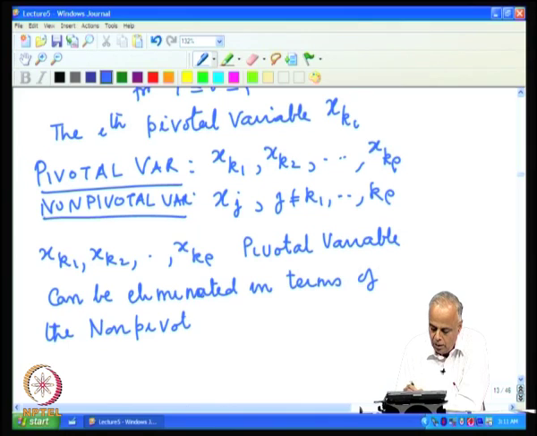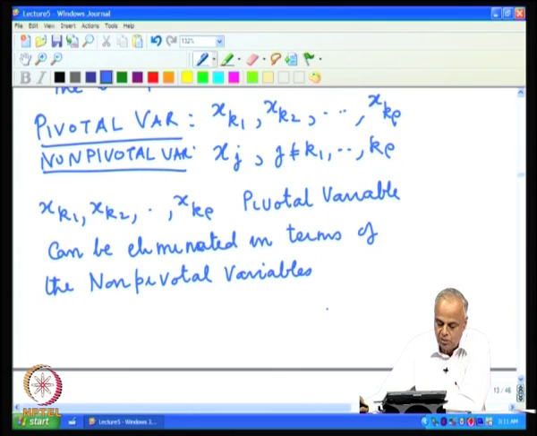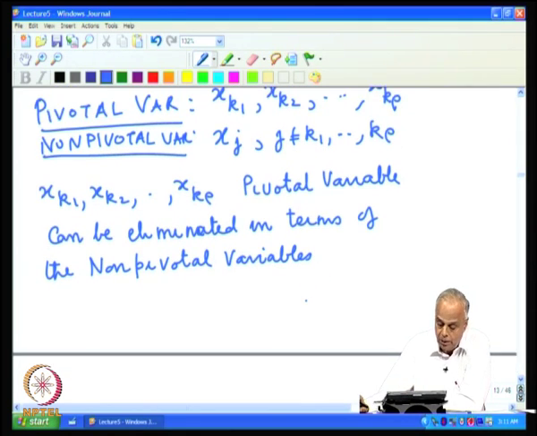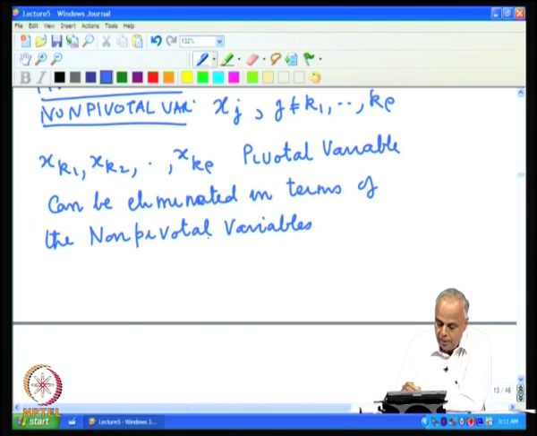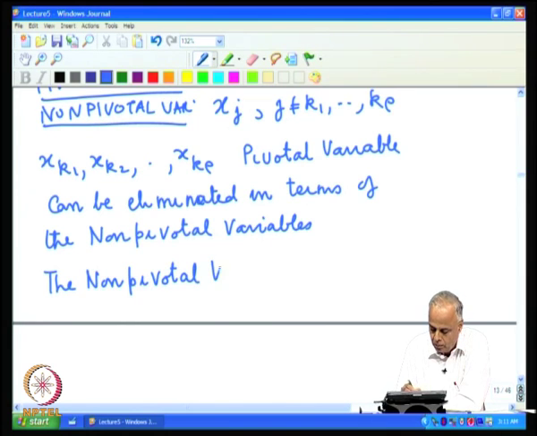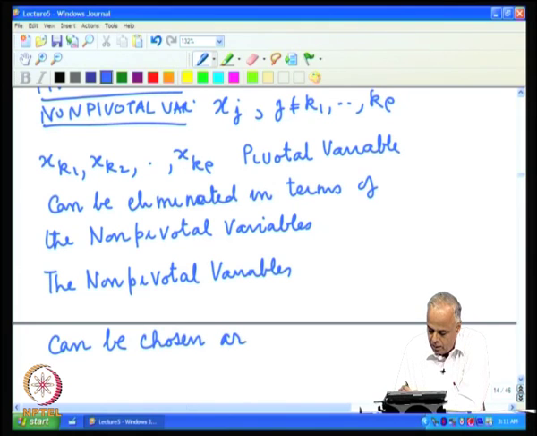This is the general strategy for solving homogeneous systems of equations when a matrix is in row reduced echelon form. And when we eliminate in terms of non-pivotal variables, the non-pivotal variables can be chosen arbitrarily in F.